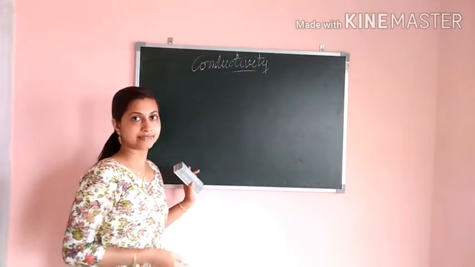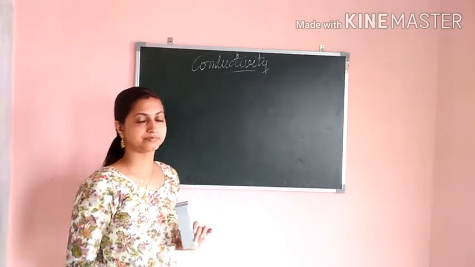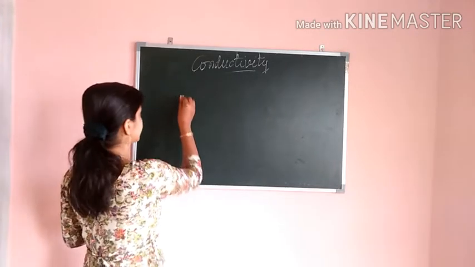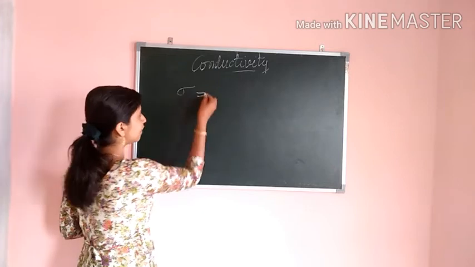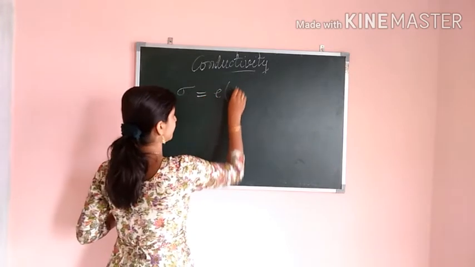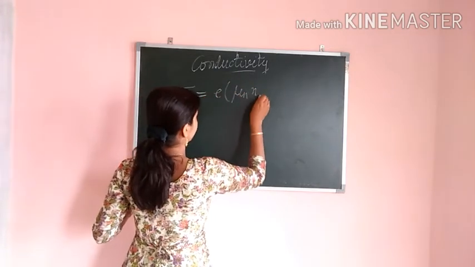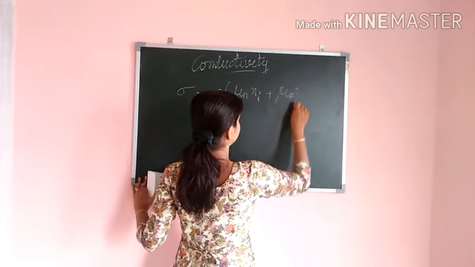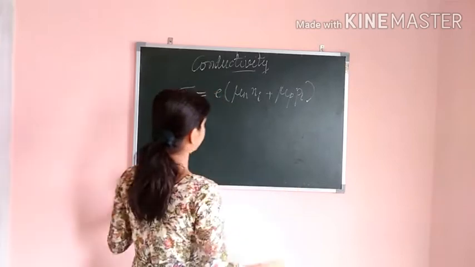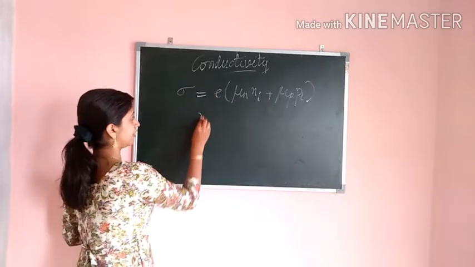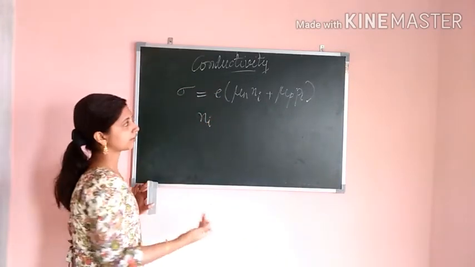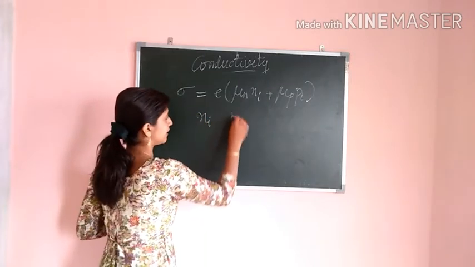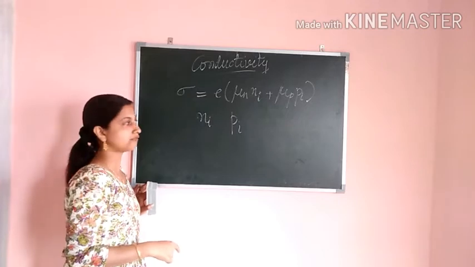In the case of an intrinsic semiconductor, conductivity can be written as σ = e(μn ni + μp pi), where ni is the intrinsic concentration of electrons and pi is the intrinsic concentration of holes.